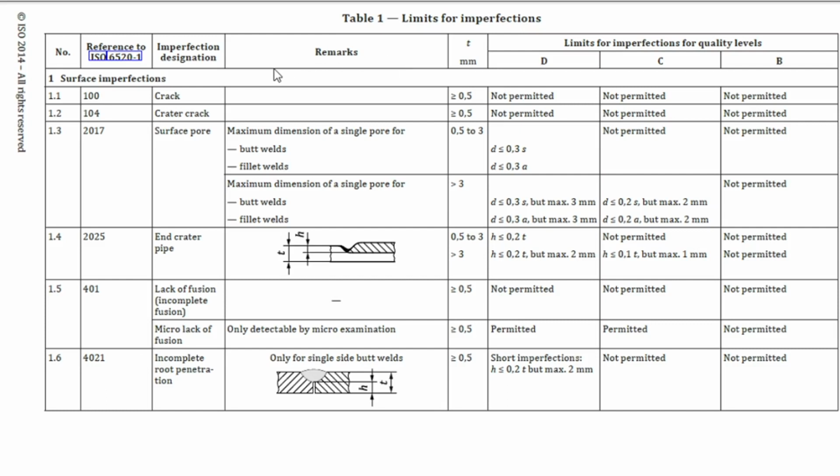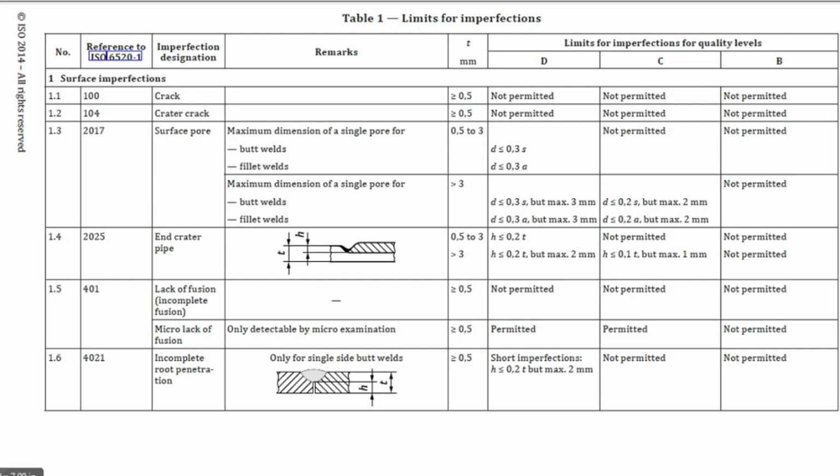I will explain a few things here. See the defect serial number, then the reference to ISO 6520-1. Basically, the ISO 6520-1 code book defines the imperfections: what type of imperfection it is and what its definition is.